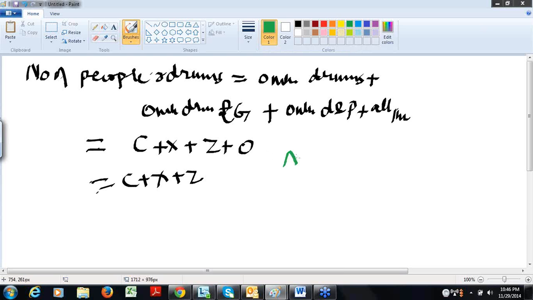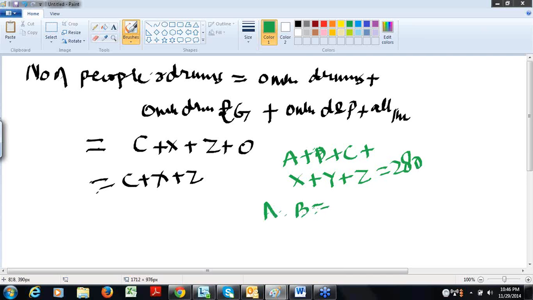That means A plus B plus C plus X plus Y plus Z is equal to 280, and A is equal to B is equal to C, and X plus Y plus Z is given as 160.